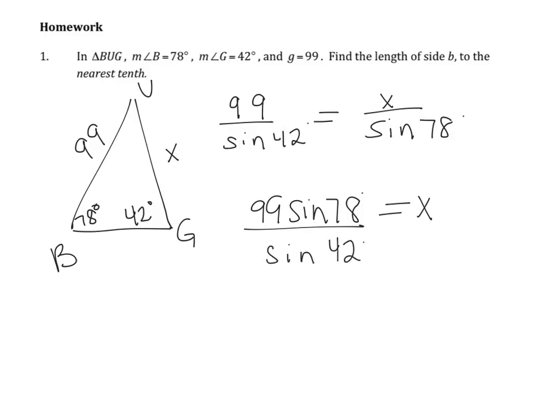Put that into your calculator, and we get what x, hence what b is, approximately equal to. So to the nearest tenth place we get 144.7.